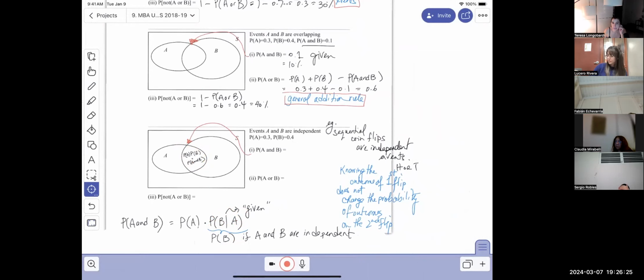So what is the probability of A and B? It's just the probability of A times the probability of B, which is 0.3 times 0.4, which is 0.12.